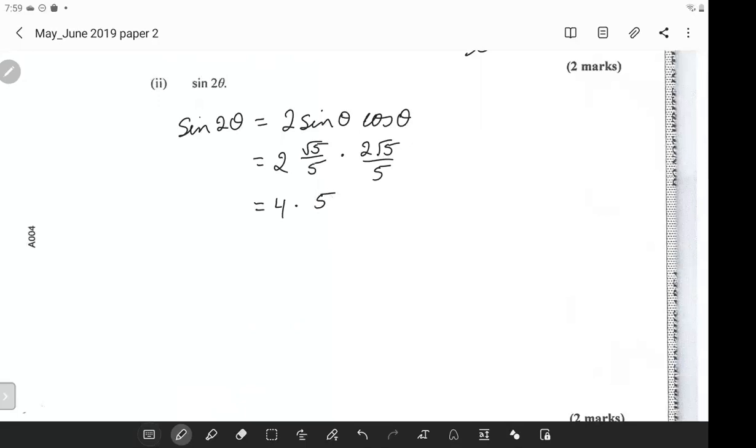And 5 by 5 is 25. So we have everything divided by 25. Simplifying, that's 1, that's 5. So that is equal to 4. So sine 2 theta is equal to 4/5. And notice we did not need to evaluate theta.